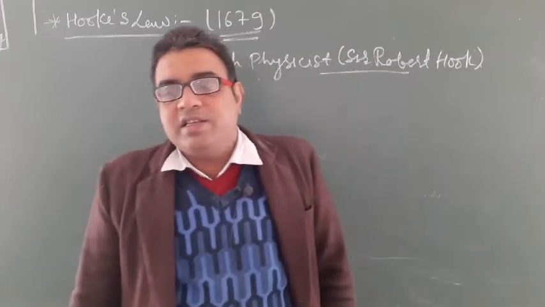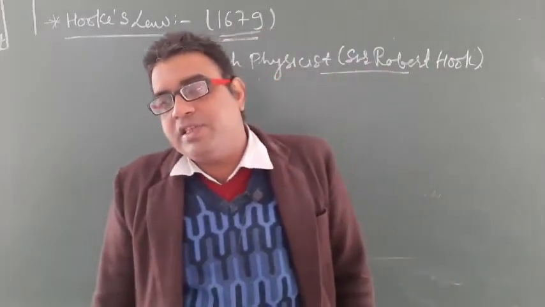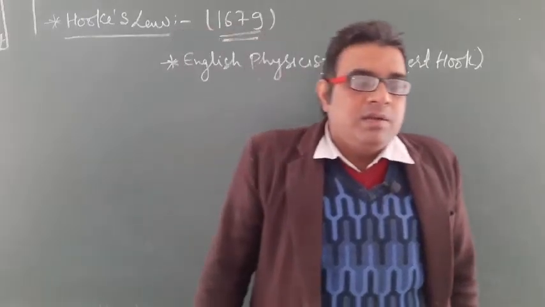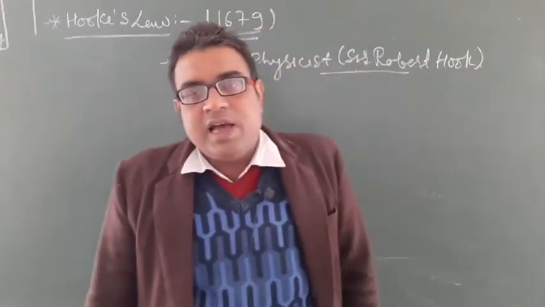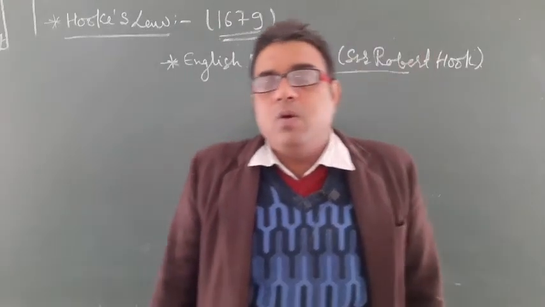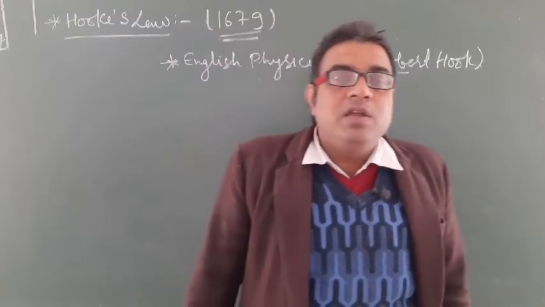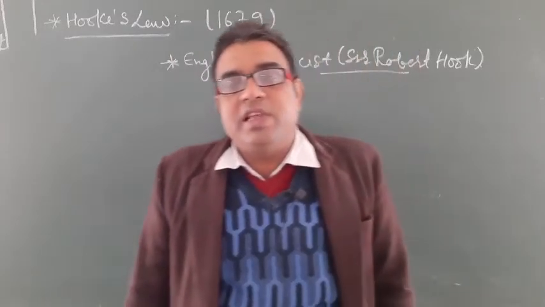He applied different forces, which are called load, on those rigid bodies, and he observed that when the load on the rigid body is increased, extension is produced in the rigid body.